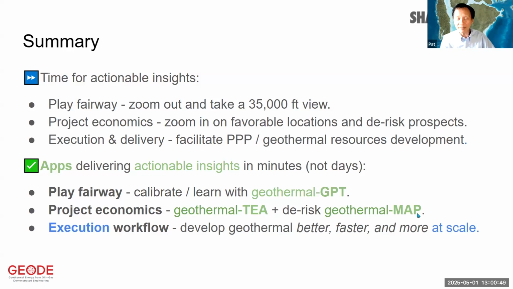So that's a map-augmented platform. And what we demonstrate also is that while there are 3 apps, it really establishes an execution workflow and how we can use it. We can iterate quickly, and really the goal is to develop geothermal resources better, faster, and more at scale, so we can make the energy transition work.